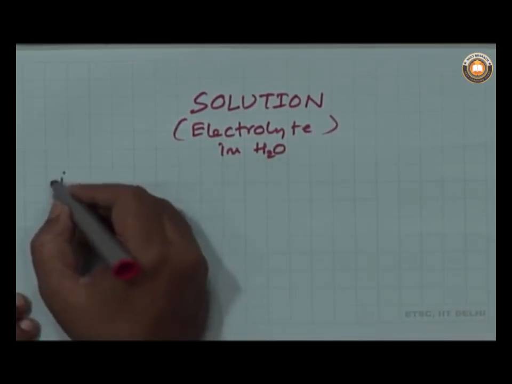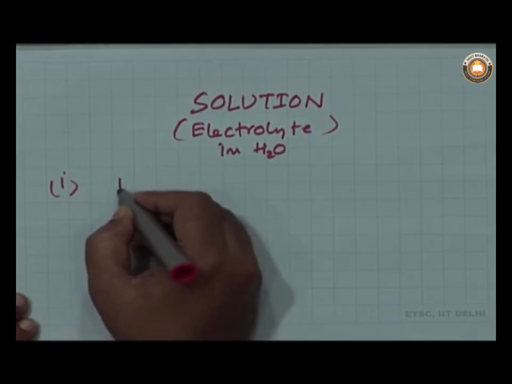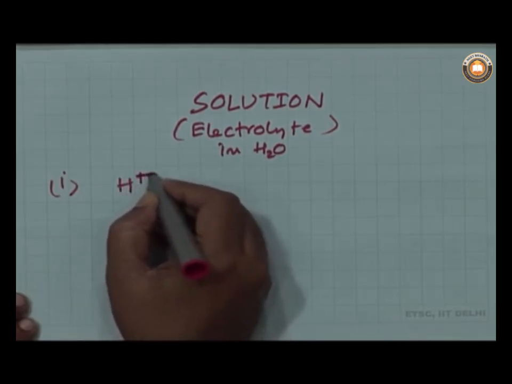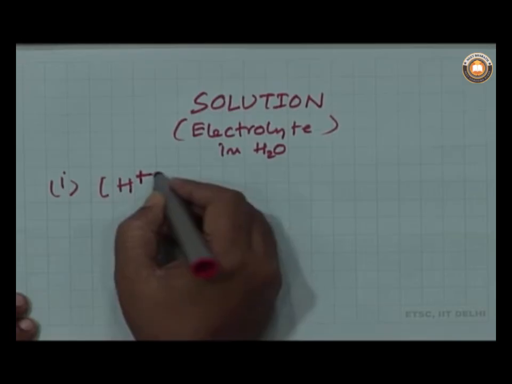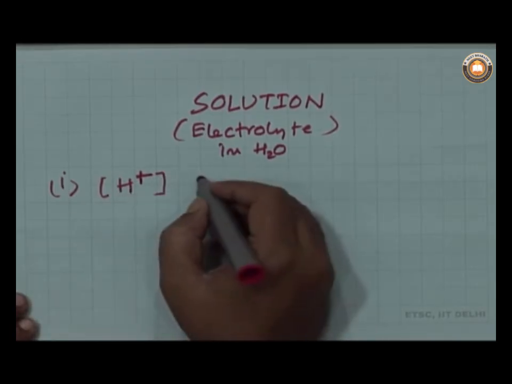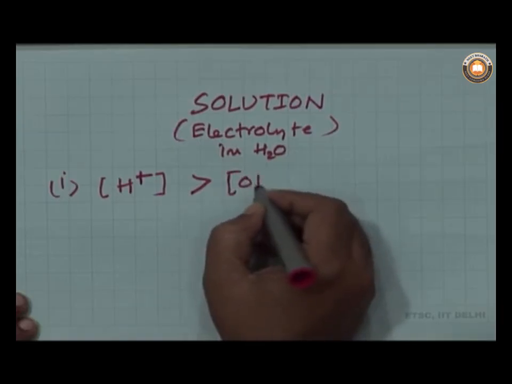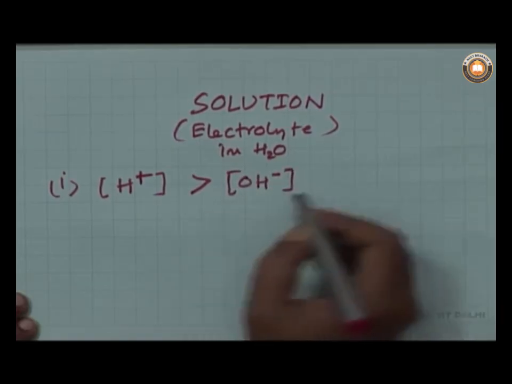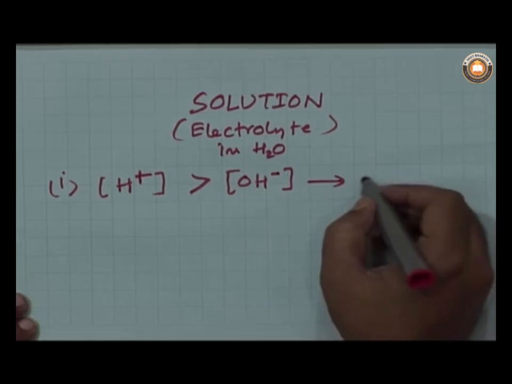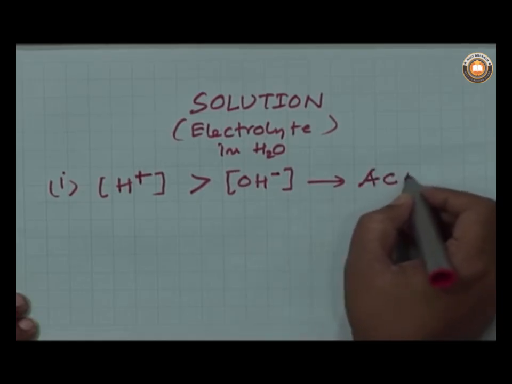So, first, when the concentration of H plus ion is greater than the concentration of OH minus ion, then we say the solution is acidic.